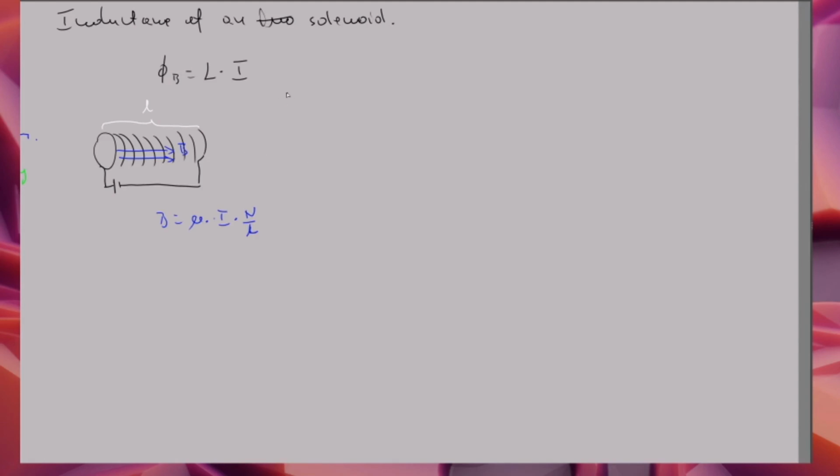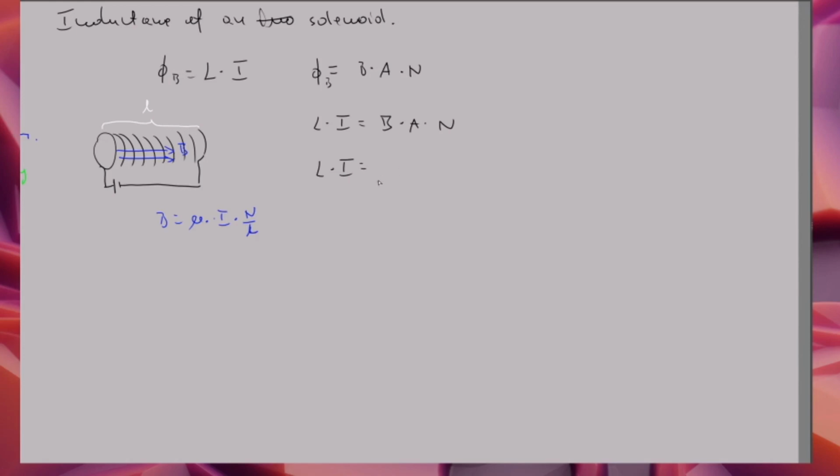The flux of the magnetic field through the solenoid is just going to be the magnetic field B times the area of a single loop times the number of loops, right? This here is the flux through a single loop, and then if I want the flux through the whole solenoid, I take the flux through the single loop multiplied by the number of loops I have. And so now I'm going to combine these two equations here to end up with L times I equals B times A times N. And let's take it a little farther.